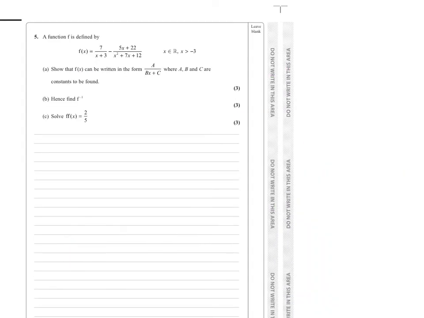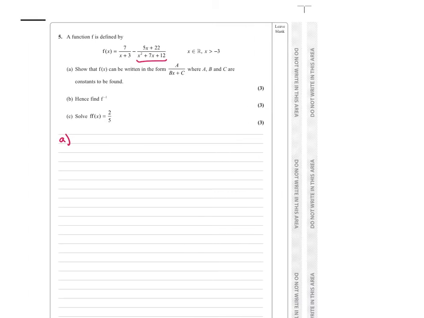Okay, question 5. A function f is defined by f of x equals 7 over x plus 3 minus 5x plus 22 over x squared plus 7x plus 12. Show that f of x can be written in the form a over bx plus c, where a, b, and c are constants to be found. Okay, don't know if anybody spotted it, but the second fraction factorises to x plus 3, x plus 4.